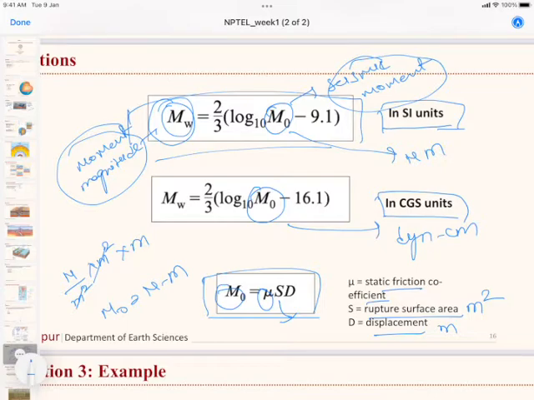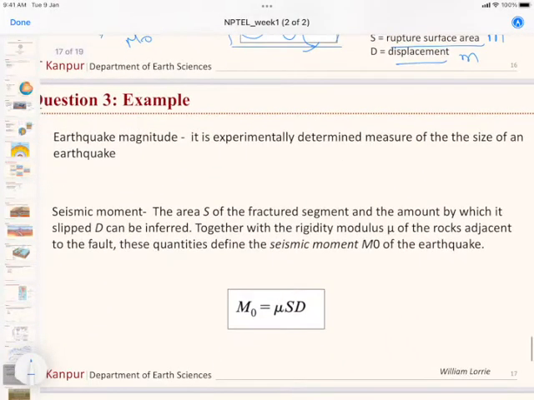Now let's move to the concept related to M naught, like what the earthquake magnitude is. There are two parameters that we generally consider: the intensity and the magnitude. Intensity is more like a non-scientific way to quantify the size of the earthquake, because it's related to the damage that happened due to the earthquake.